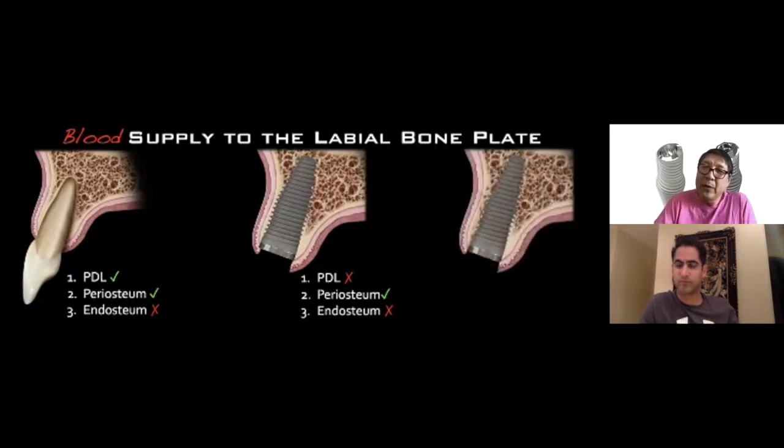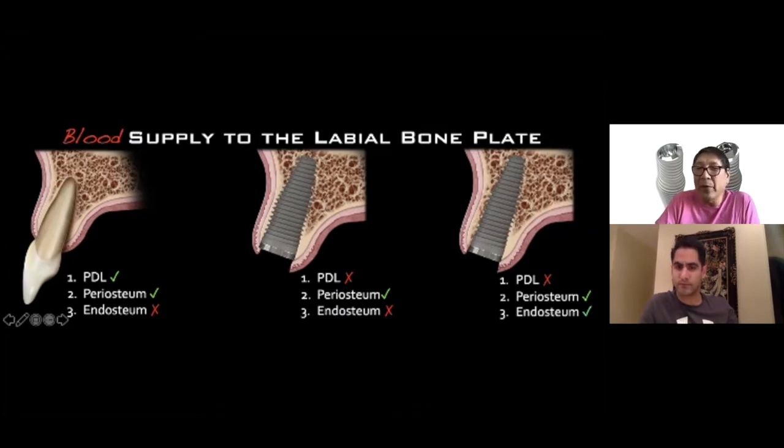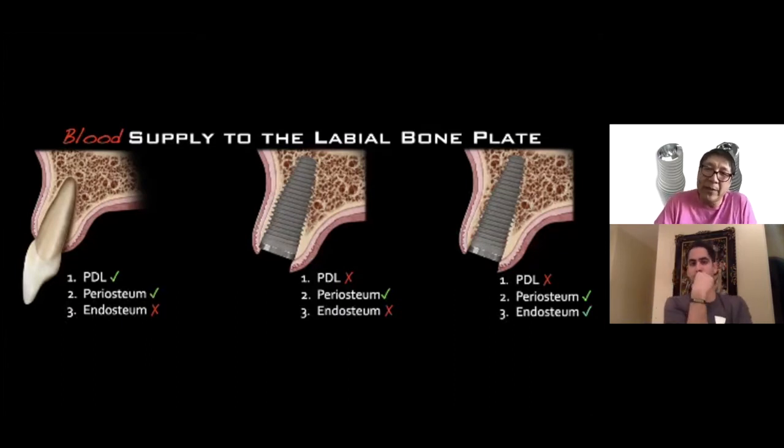So again, what Pasquinelli told me, he's a periodontist in California, one of my classmates from Seattle, is that what you need to have is periosteum, which you always have, but you also need to have marrow or endosteum or vital bone around the implant because you don't have the periodontal ligament anymore. And you need these 2 factors to potentially maintain that buccal plate in dimension over time. And I think that's the key. You need to have stability over time.